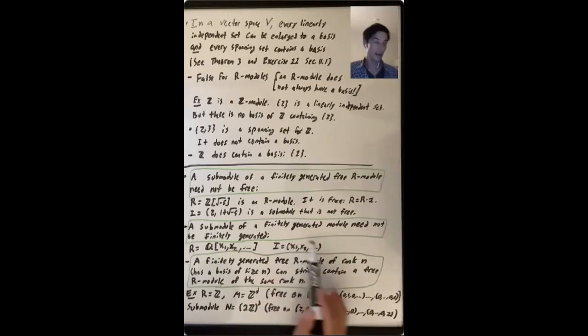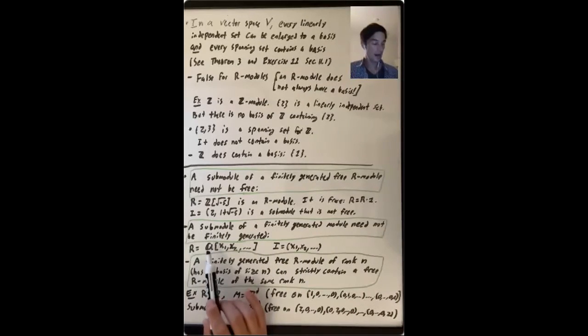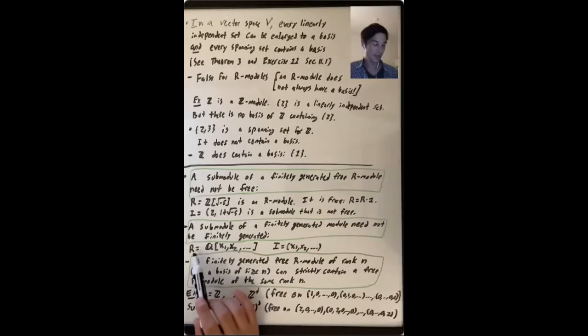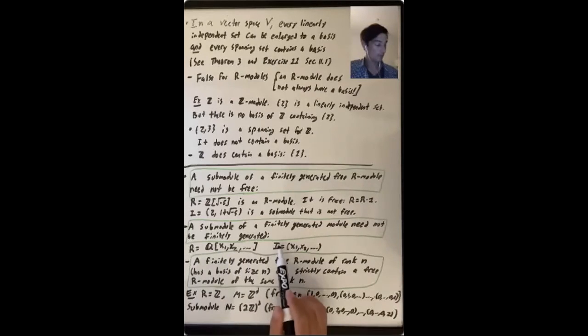This ideal is not finitely generated. But R is a cyclic R module because it's of the form R times 1. It's everything of the form something in R times the one fixed element 1 in this ring. So this is a finitely generated, even cyclic R module. And this I is a submodule, but it's not finitely generated.